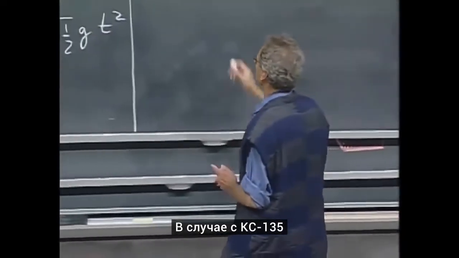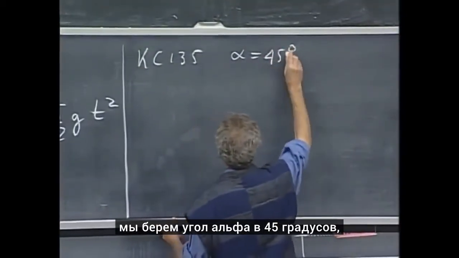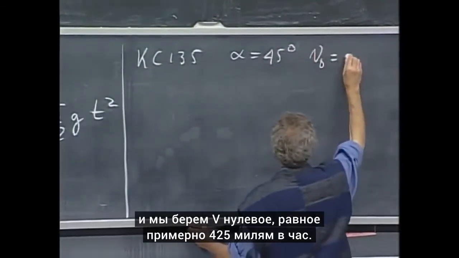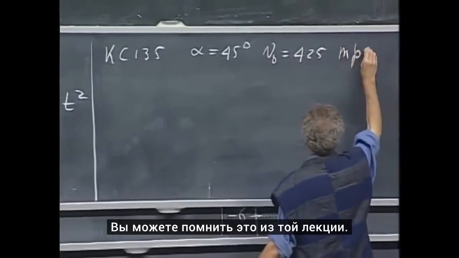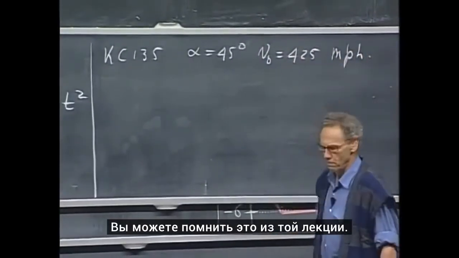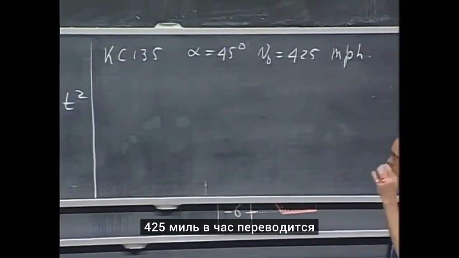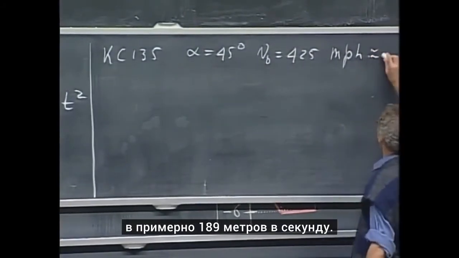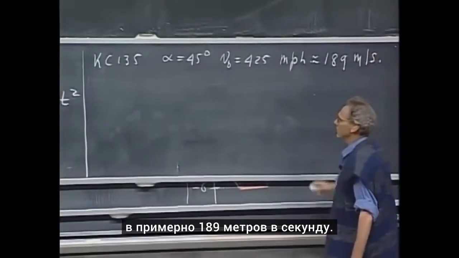In the case of the KC-135, we'll take an angle alpha of 45 degrees, and we'll take v0, which was about 425 miles per hour. You may remember that from that lecture. 425 miles per hour translates into about 189 meters per second.